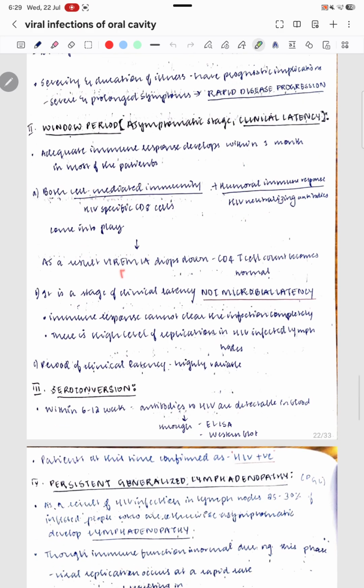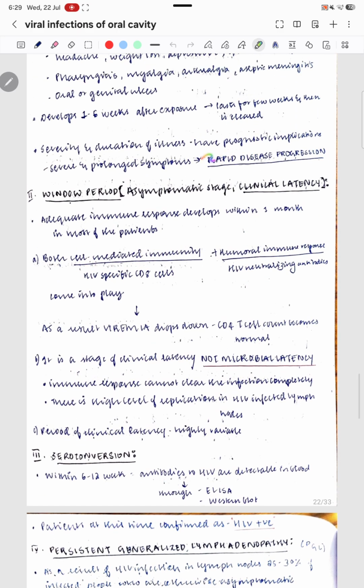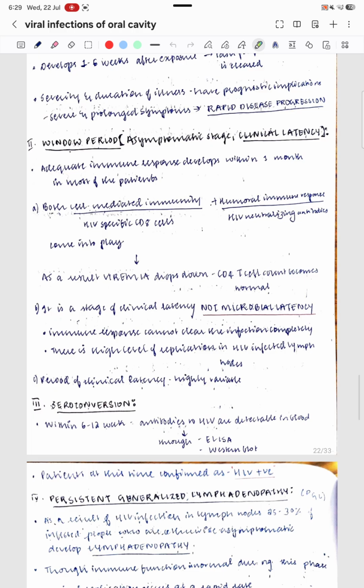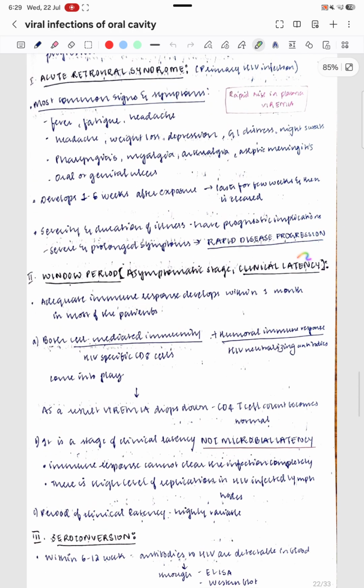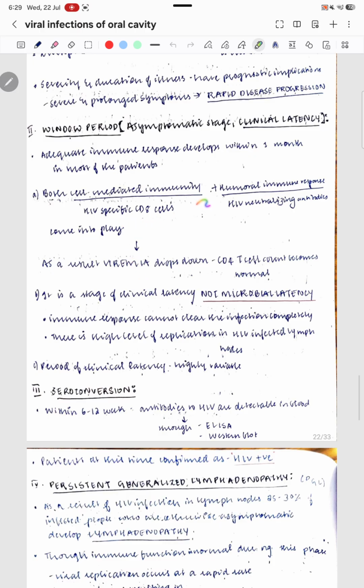This primary clinical disease can also rapidly progress to cause complications. Then coming to the latency stage or window period, in the window period the immune response is generated, that is, cell mediated immunity and humoral immunity are generated.